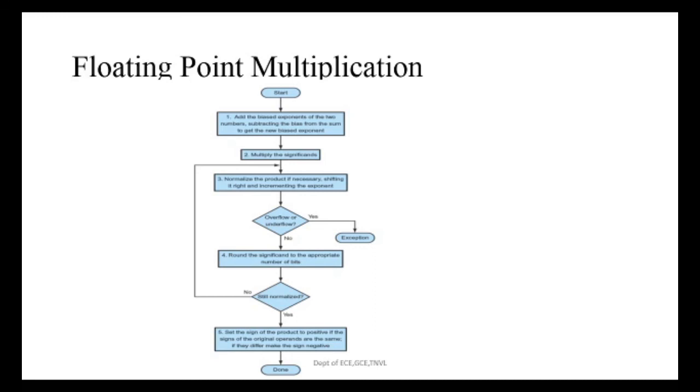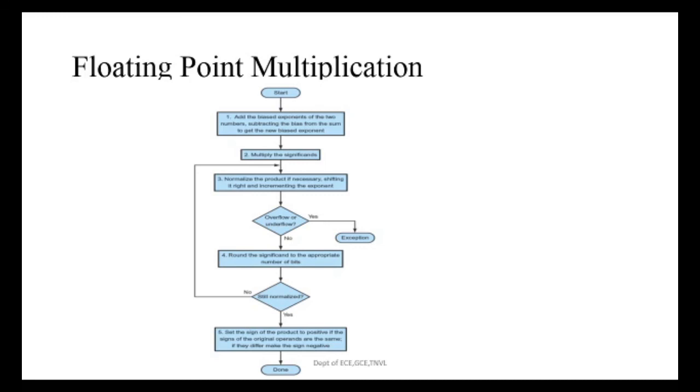In the addition algorithm, once it checks for normalization, it comes out of the algorithm. Whereas in multiplication, we need to set the sign of the product. We make it positive if the signs of the original operands are the same. If both operands have the same sign, the product will be positive; if they differ, the product will be negative.